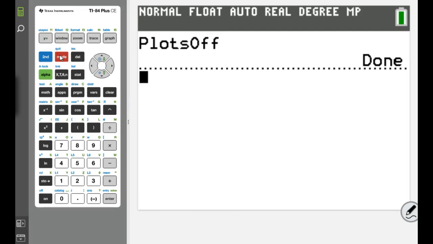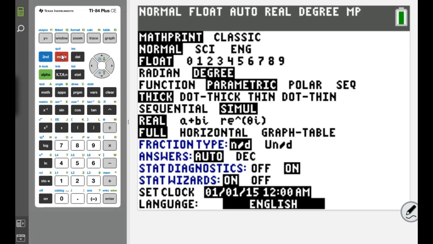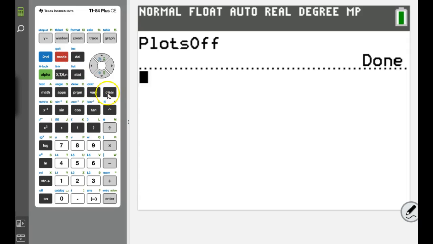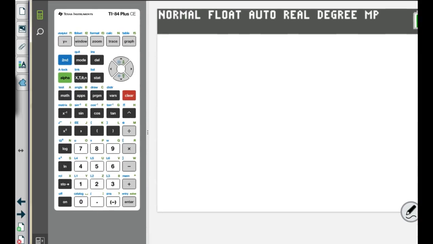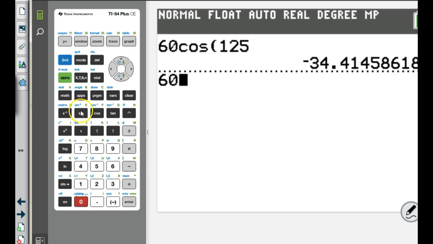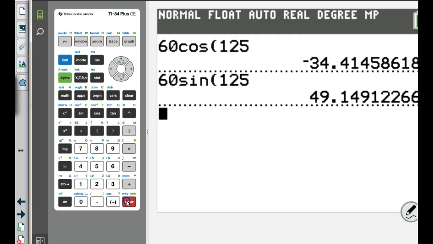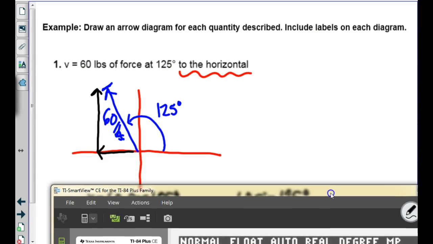It's 125 degrees, so we need to be in degree mode, okay? The function, we're not graphing, so it doesn't matter if you leave it in parametric. But this question was 60 cosine of 125 and 60 sine of 125. So it's pulling to the left 34.4 and up 49.1.